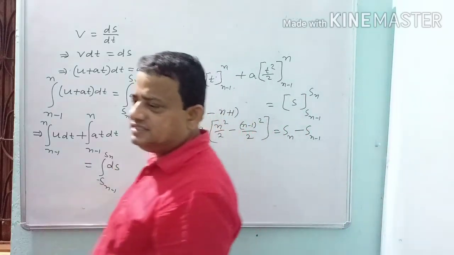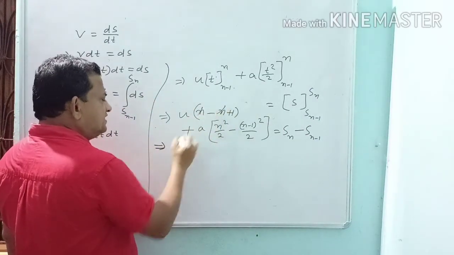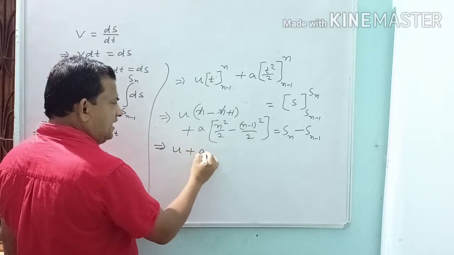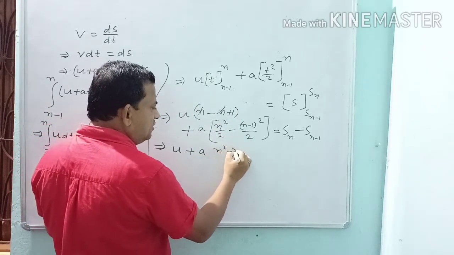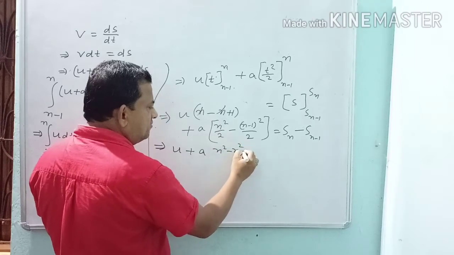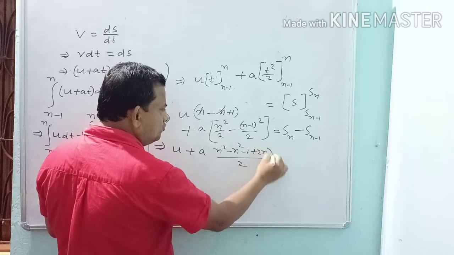Now you simplify this. What do you get? That is u + a, so how much do we get? That is [n² − (n² − 2n + 1)]/2.